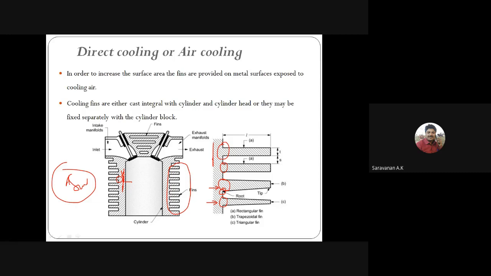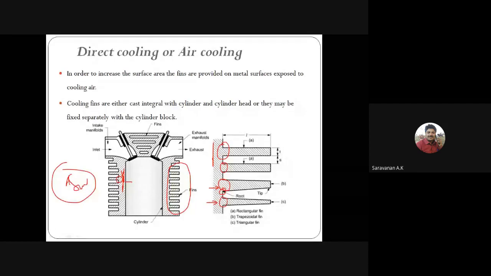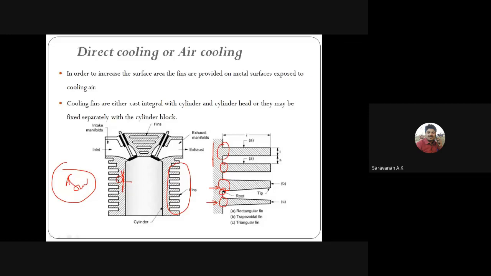Here we have three types of fins. What are the shapes I mentioned here? The first one is the rectangular fin, the second one is the trapezoidal fin, and the third one is the triangular fin.